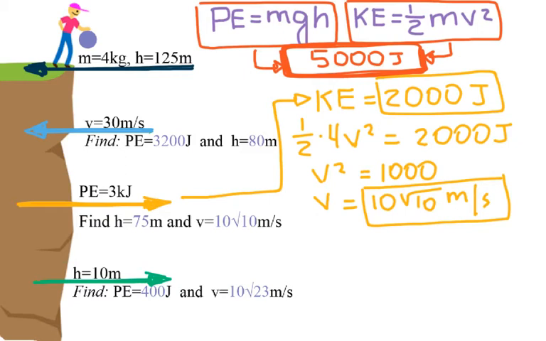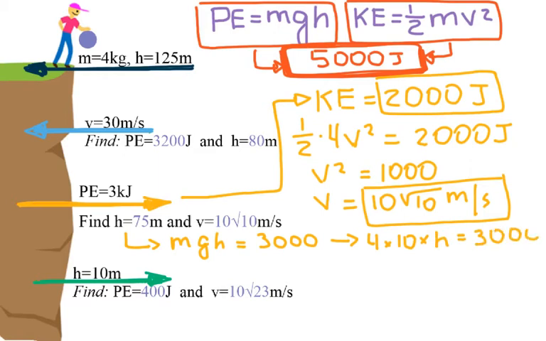Then I can also find the height, because the potential energy is mgh and equals 3,000 joules. I can plug in the numbers, the mass, g, and h, and so h is equal to 75 meters.